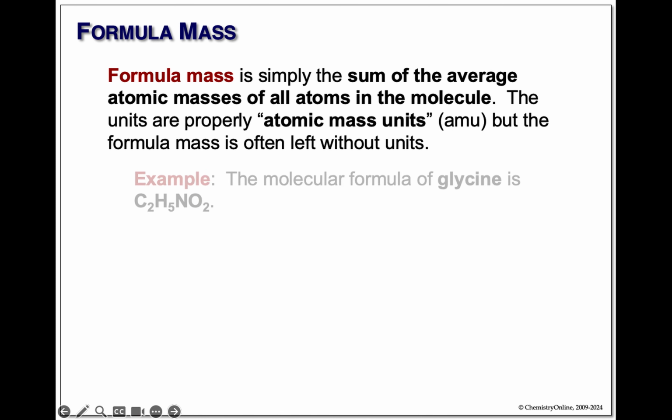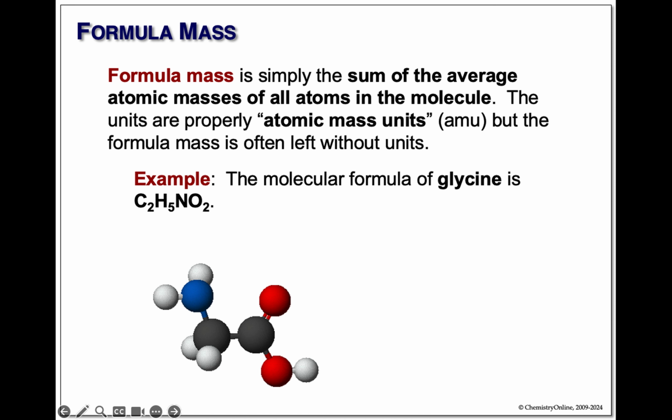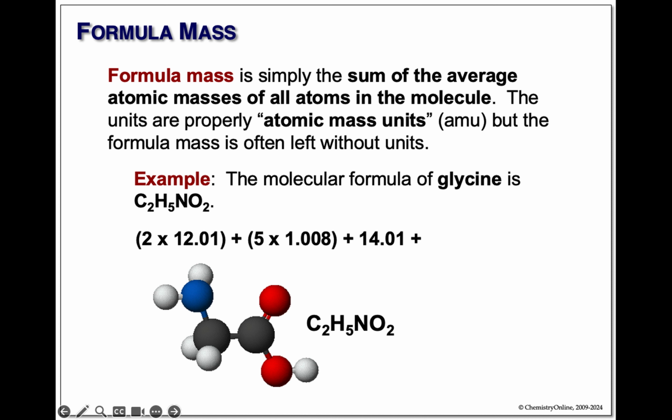For example, if we had glycine, this is the amino acid glycine, C2H5NO2, and I asked you what the formula mass was, you would look at your periodic table and say, okay, carbon weighs about 12.01. We have 2 of them. 5 hydrogens, a touch over 1. 1 nitrogen at about 14, and 2 oxygens at 16 each.